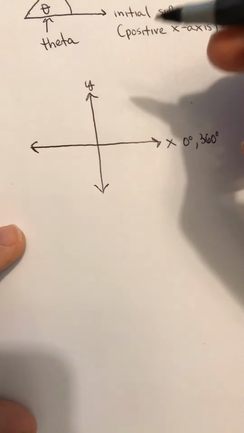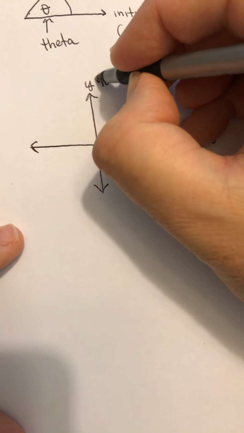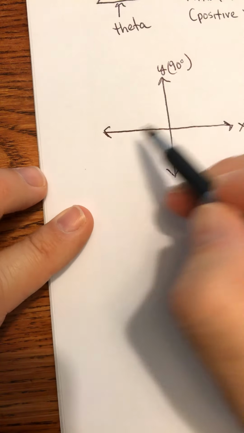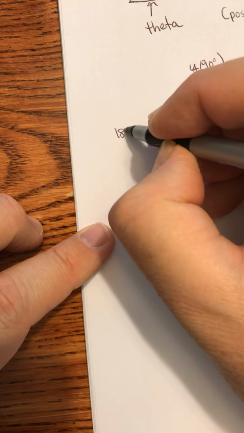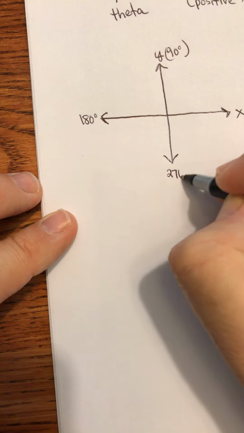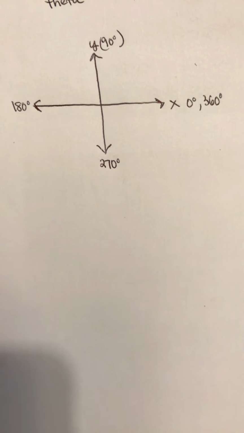This right here is a right angle, so this up here must be 90 degrees, and it is. This one over here, another 90 degrees, so this is 180 degrees. And then another 90 degrees would be 270, and then another 90 would get me back to 360 degrees.